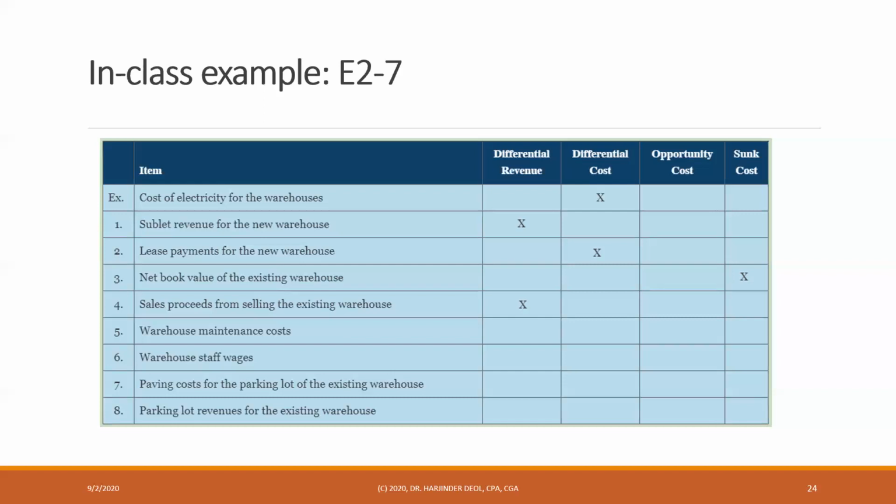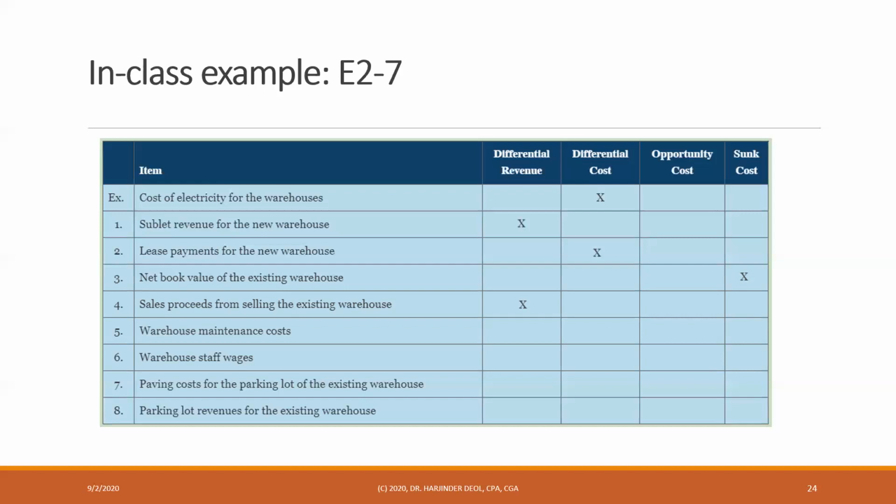If you take courses later on in accounting, let's say the intermediate management accounting course, you will learn about capital budgeting. You learn about the concept of net present value, and net present value is calculated using cash flows. So we would consider the fact that if we don't need the existing warehouse, we can sell it and that'll result in cash flows coming in.